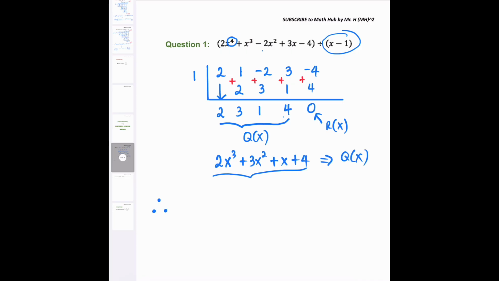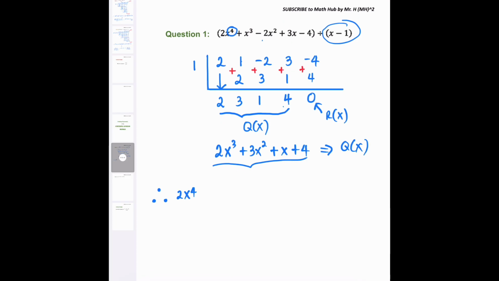We can write it in two ways. 2x to the fourth plus x cubed minus 2x squared plus 3x minus 4 will be equal to the d of x, which is the divisor, x minus 1, times our q of x, which is 2x cubed plus 3x squared plus x plus 4.